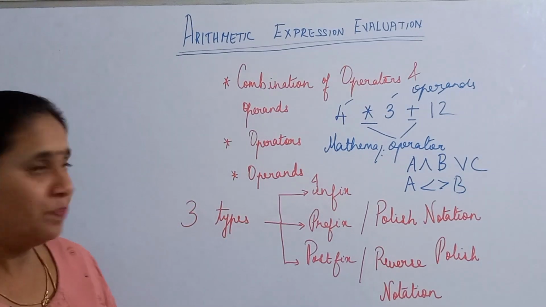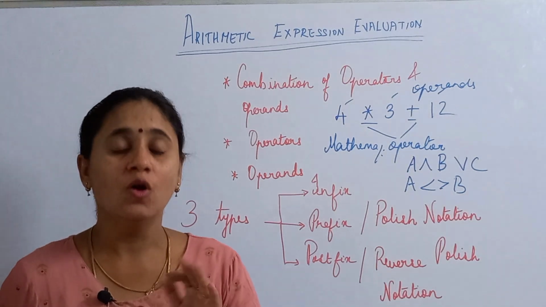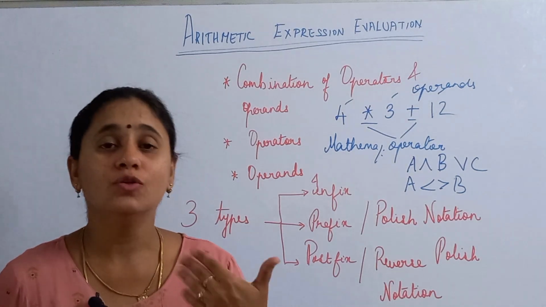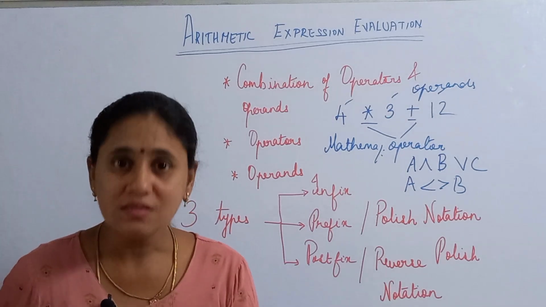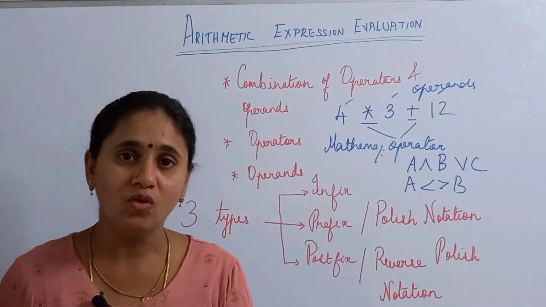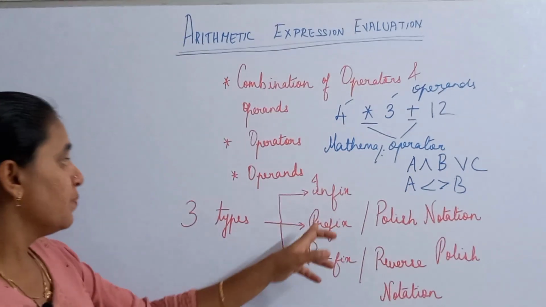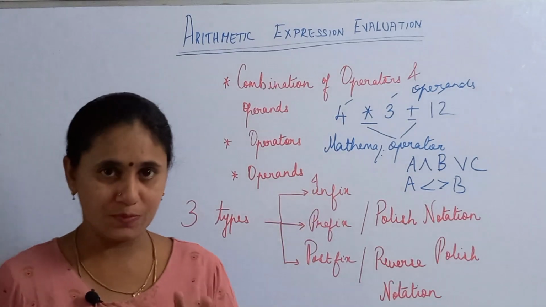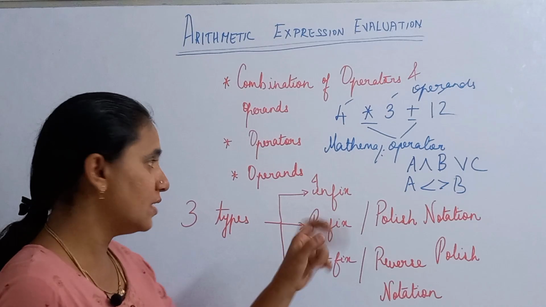Now next, we have 3 types of expressions for helping the system do calculations very easily. Here the system means the processor built into computers. We have the infix expression, prefix expression and postfix expression.